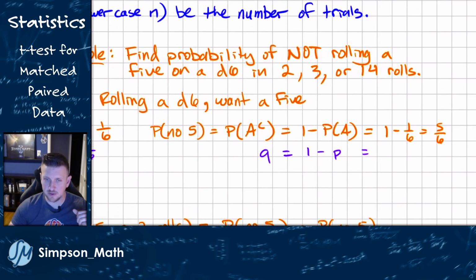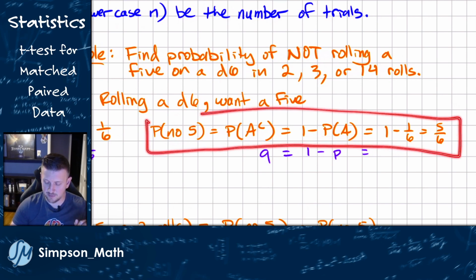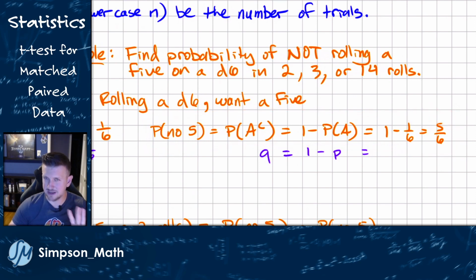What about my probability of failure? The probability of not getting a 5, of getting no 5s, would be the probability of the complement, which is 1 minus the probability of A. Since the probability of A is 1/6, that's just 5/6. I know that's a lot of writing just to be able to say it's 1 minus 1/6, which is 5/6, but I want to be clear about this because we're about to have a lot of 1 minuses happening.